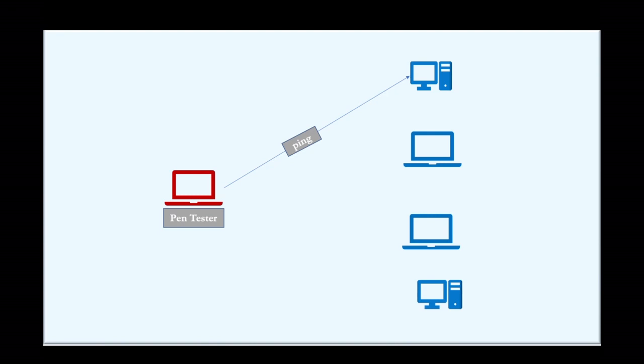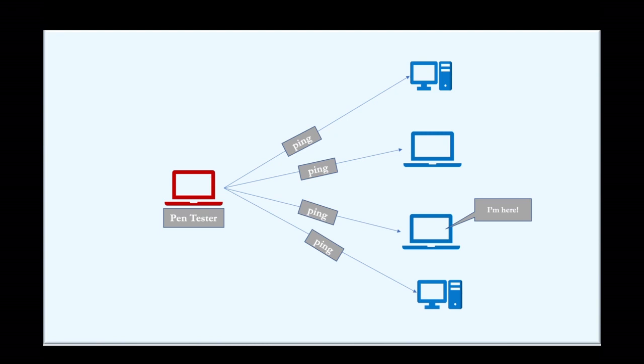If the device that received this ping packet is turned on and not restricted from responding, the receiving machine will respond back to the original machine with an echo reply packet saying, hey, I'm here.